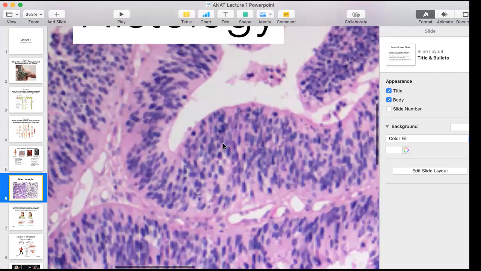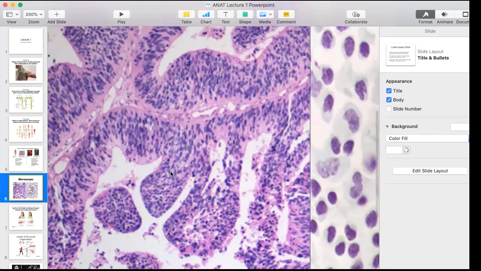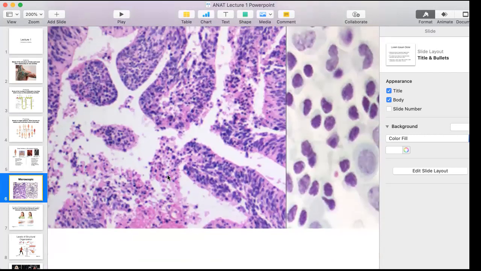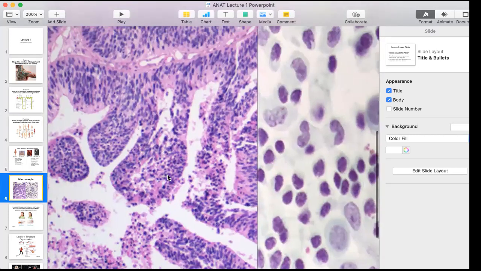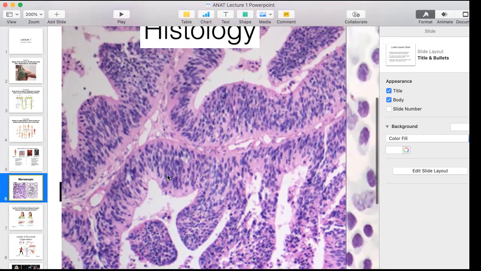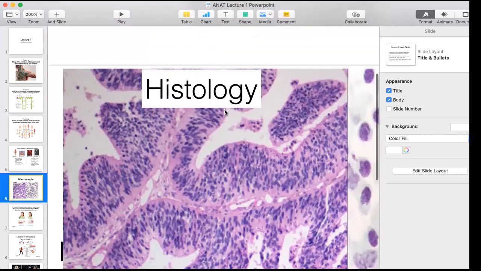So if we look here generally, whenever something is stained purple, then it is going to be a structure that normally is comprised of some sort of lipid soluble material. And if it's stained pink, then it could be a different type of component, like another type of tissue.